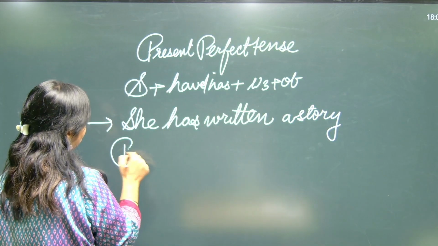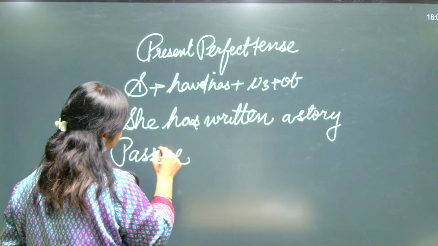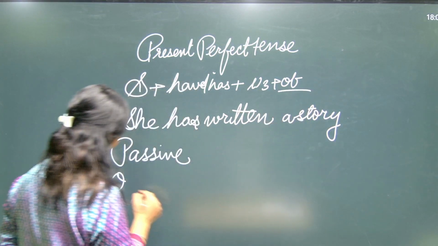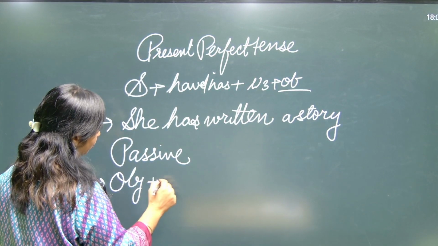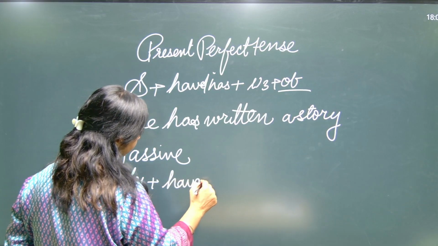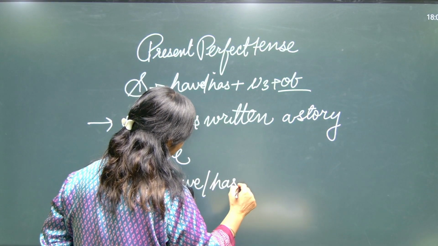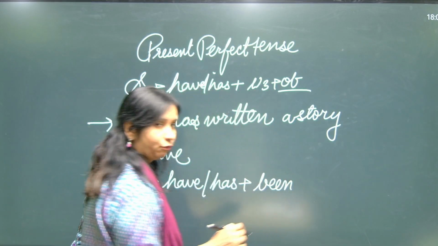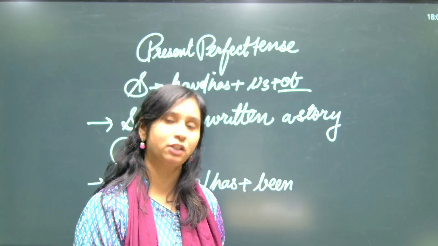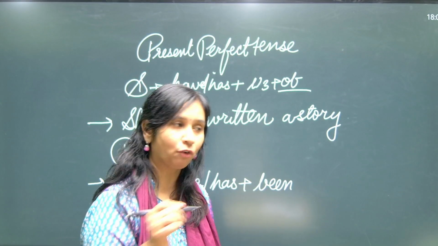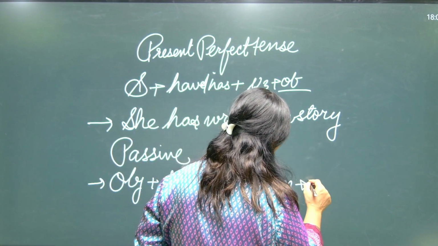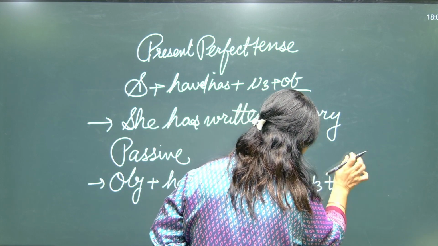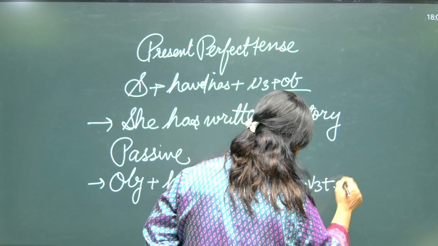Now to change into passive voice, how do we have to change it? We have to first take accordingly your object first. Object plus have, has plus we have to use here been, not being. In continuous tense we had used being. Now we are using here been plus verb's third form, again the subject.